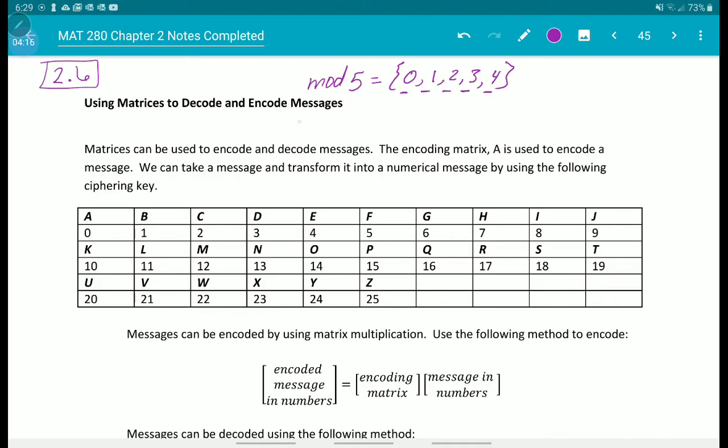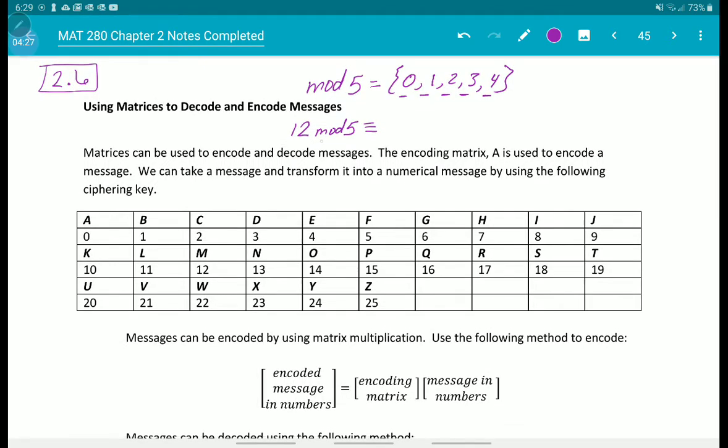So if we're talking about the number 12 and we want to be under mod 5, then that's going to be equivalent to the remainder. So what is that remainder? Well, if we were to divide 12 by 5, it goes 2 times, and the remainder is 2.